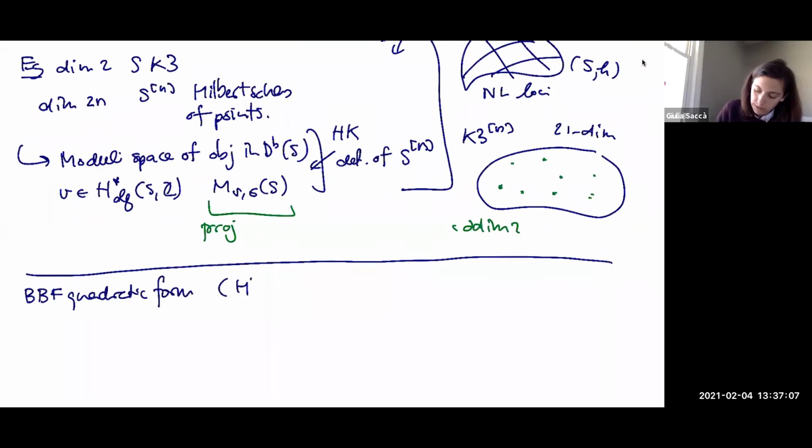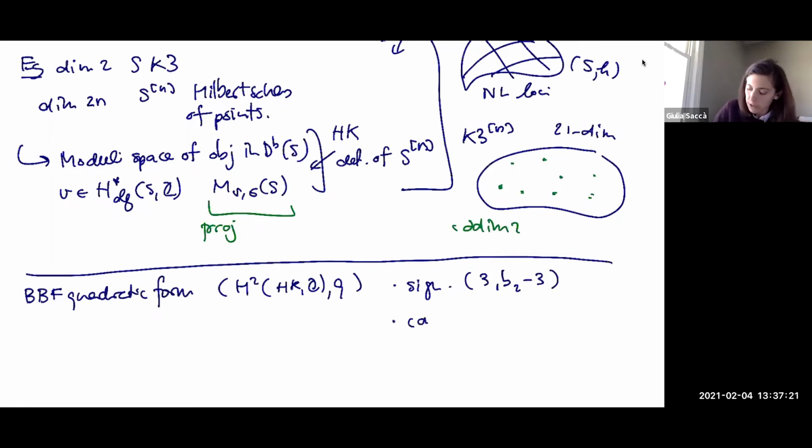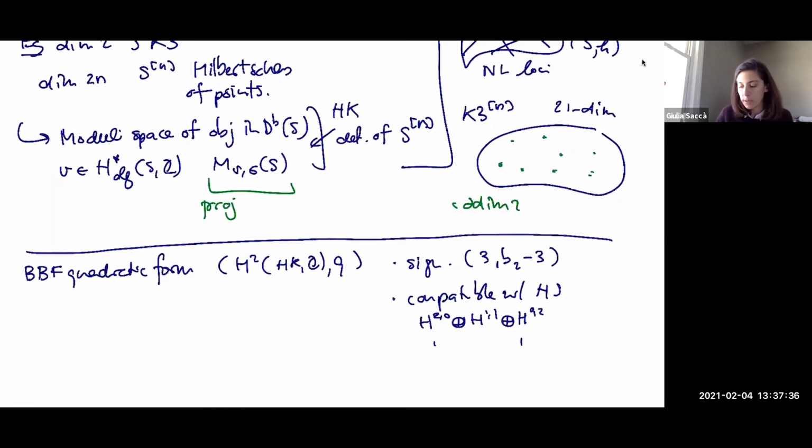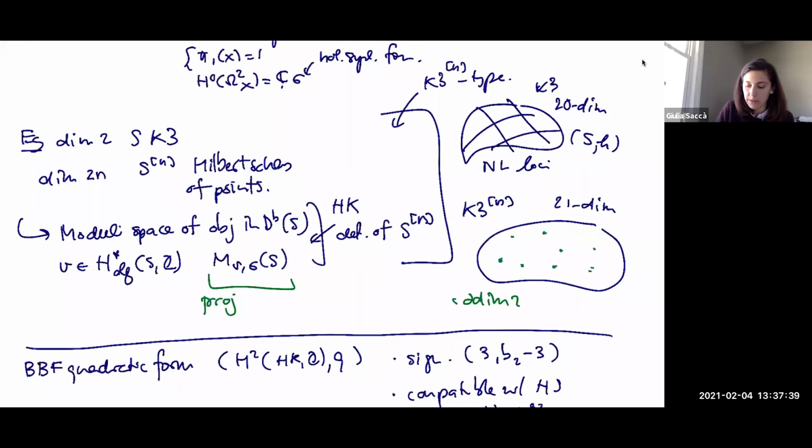And so the integral cohomology of a hyperkähler manifold has a quadratic form of signature (3, b_2 - 3), which is compatible with the Hodge structure. And for the weight 2 Hodge structure, let me remind you that the important feature here is that the first non-zero Hodge numbers are one-dimensional because of the definition here.